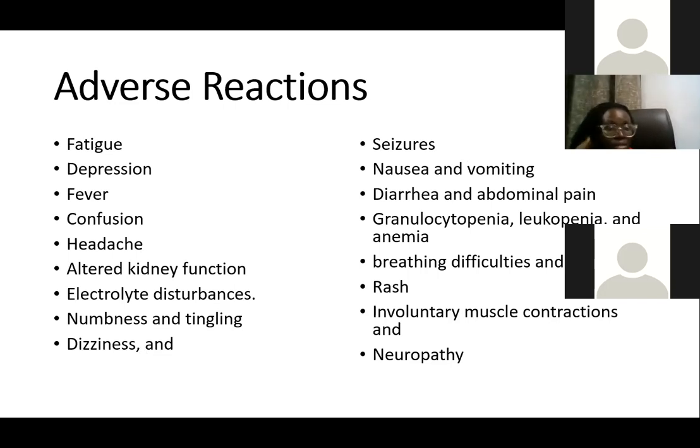It's important to take note of the numbness and the tingling, the seizures, and then the granulocytopenia and leukopenia and anemia, basically giving a picture of bone marrow suppression. Then they can also have breathing difficulties and coughing, and involuntary muscle contractions.